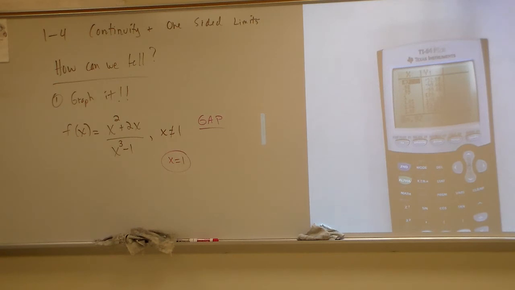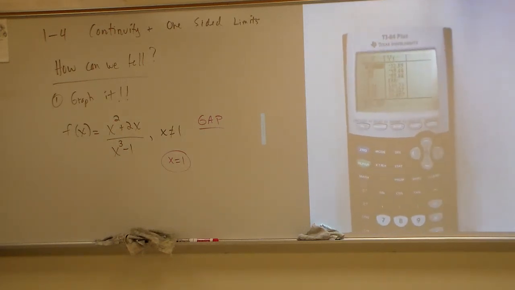I've got some crazy values there. I hope that you are doing this on your graphing calculator, because you might not be able to see this. I'm doing the very best that I can.